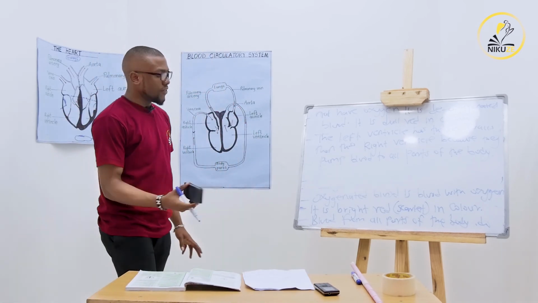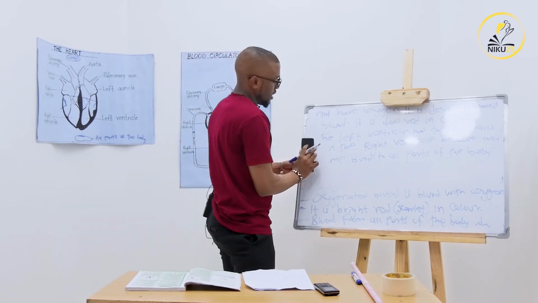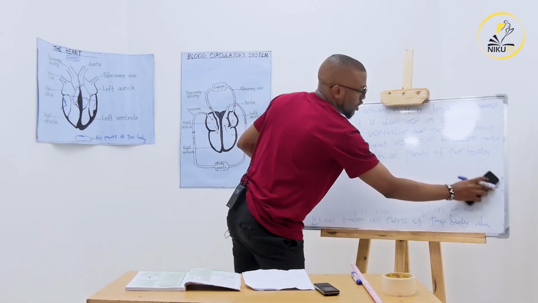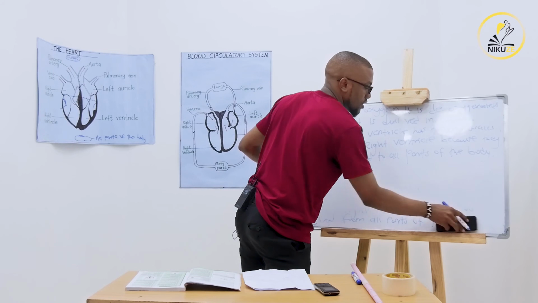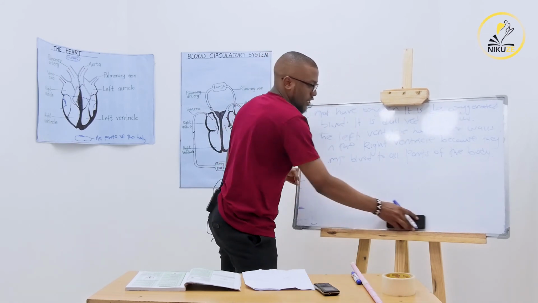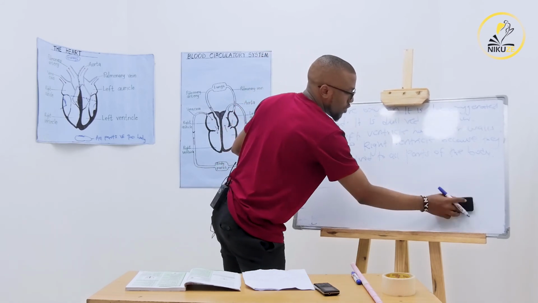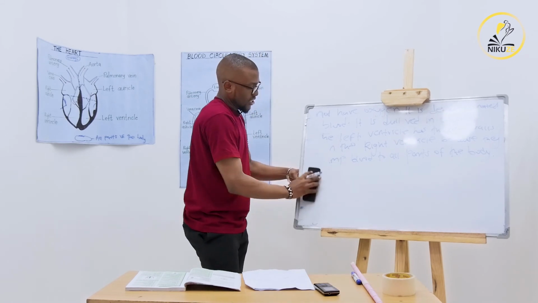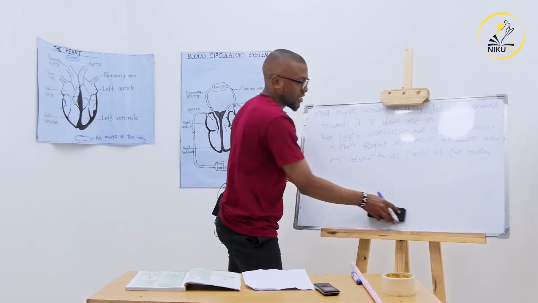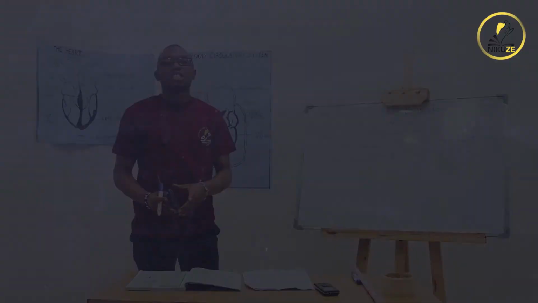Now, if I can just take you back a bit, when you visit the hospital, the doctor will want to know your pulse rate. How does he know your pulse rate? The doctor uses what we call a stethoscope.